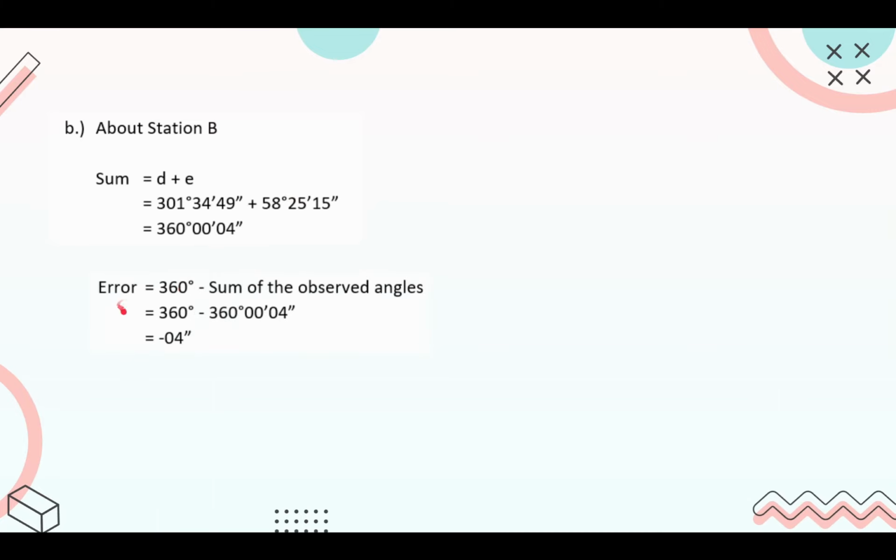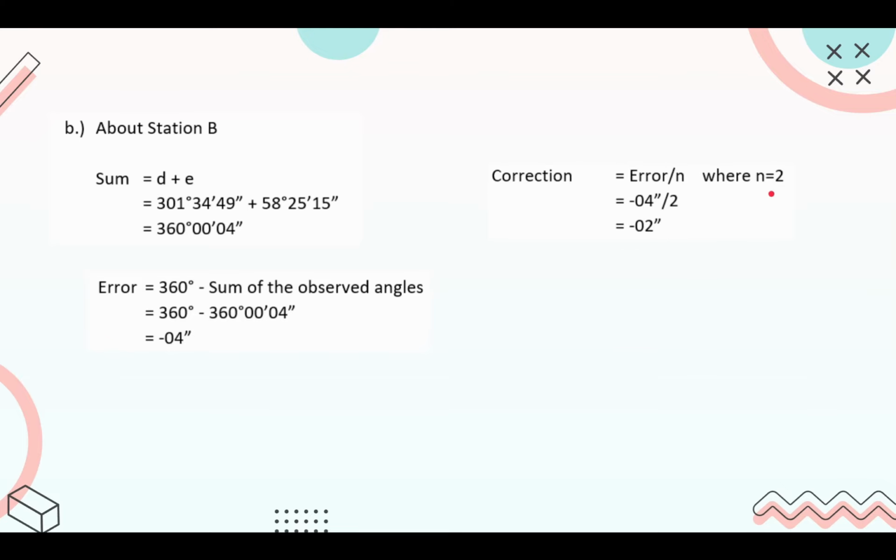And then we solve for the error by subtracting the sum from 360 degrees. And then we get the correction by dividing the error by the number of angles involved or that are about the station. So in this case, there are only 2 angles involved. So the value of n is 2.